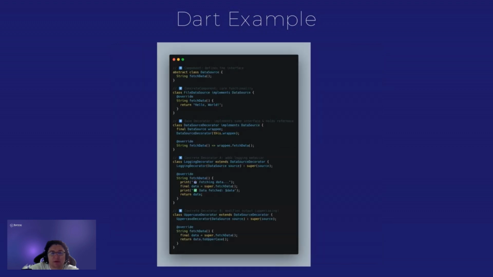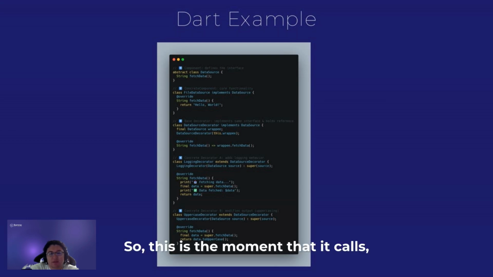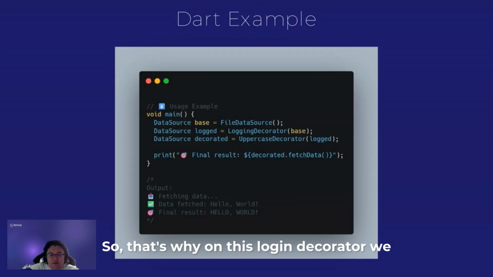If we see the code again, we have this logging decorator that receives in the parameters this base class. We add some prints and we call the fetch data from that base class. So this is the moment that it returns this hello world, and we print that data. That's why in this logging decorator, we extended the functionality to print this text.